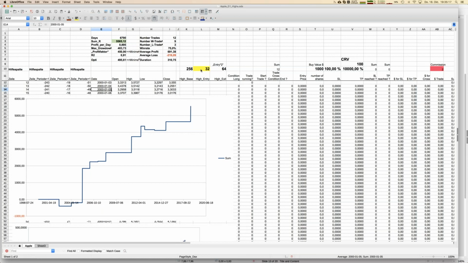Originally, we had only one parameter, and that is highlighted here in yellow. That is the entry days since high. If I click on that cell here, you see that we simply double that number for the exit.